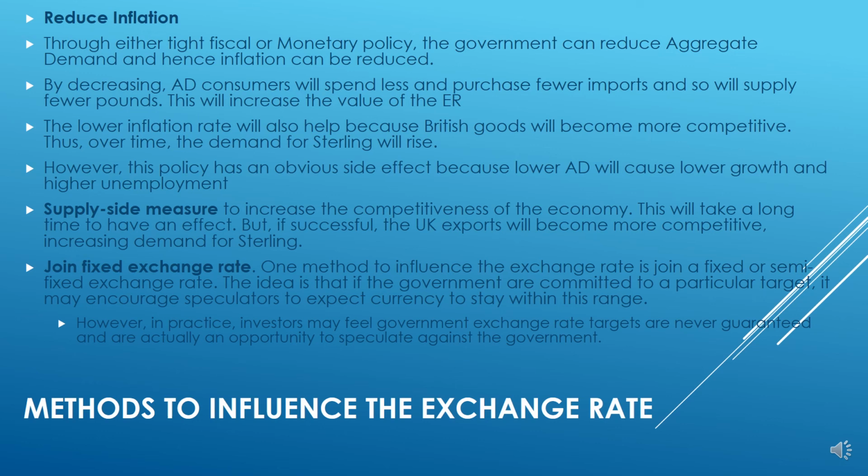So, this will increase the value of the exchange rate. Now, the lower inflation rate will also help because British goods will become more competitive. Thus, over time, the demand for sterling will rise. However, this policy has an obvious side effect because lower aggregate demand will cause lower growth and higher unemployment.